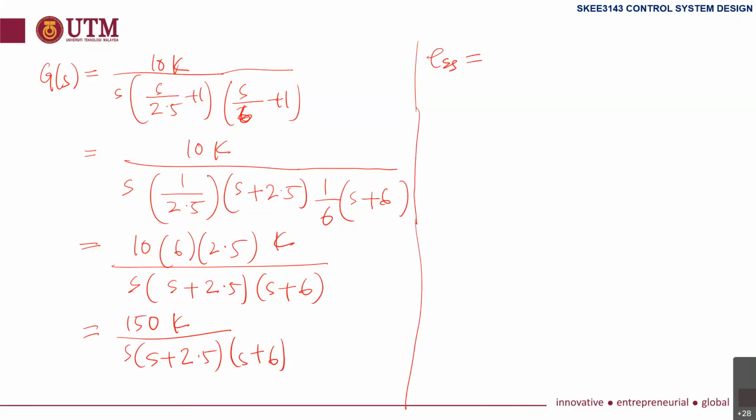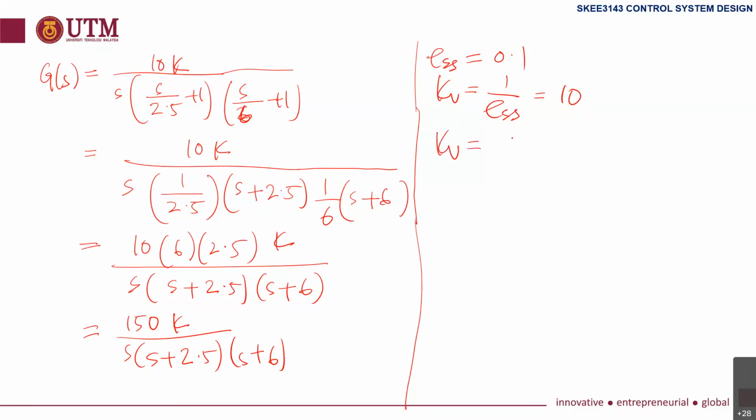It is mentioned in the question that we want the error less than 0.1. So we can choose 0.1. Error 0.1 means Kv, which is 1 over the error, is 10. We can use this value to determine the K that we should use.